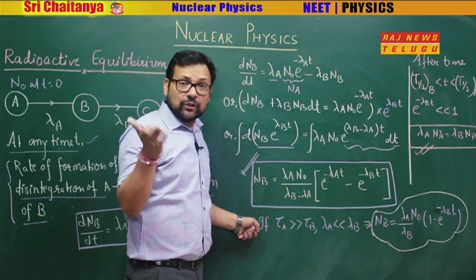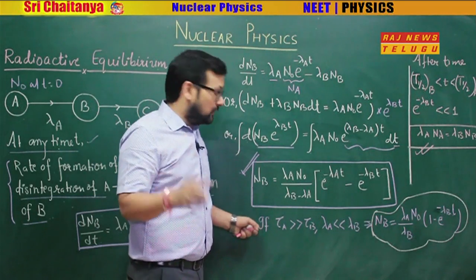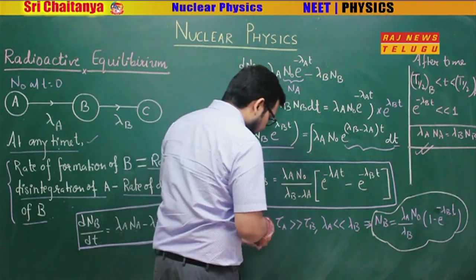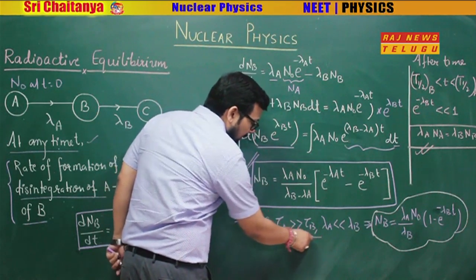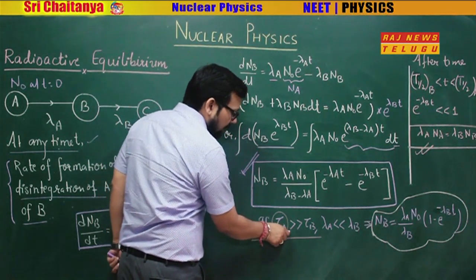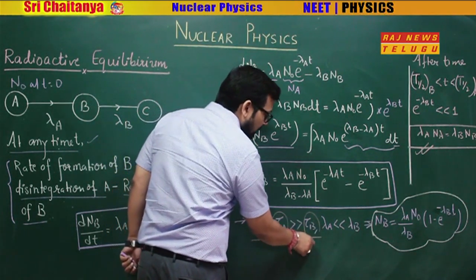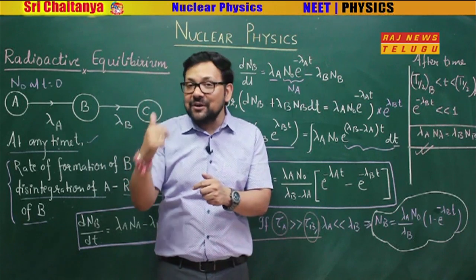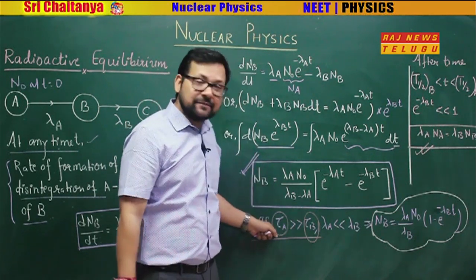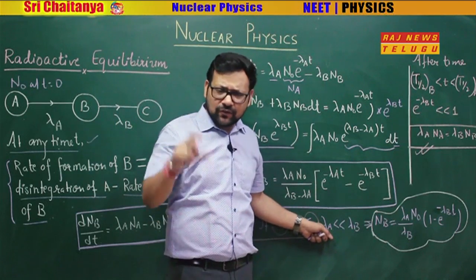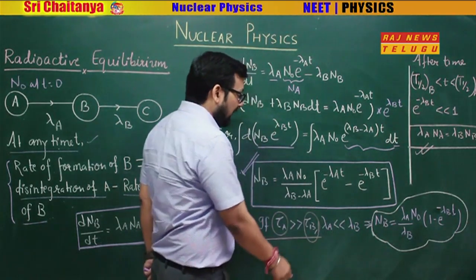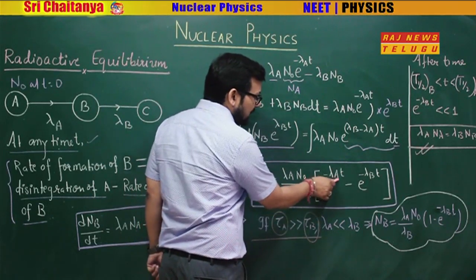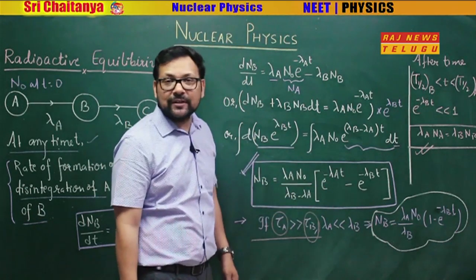Generally, questions will be asked on the basis of the special cases. First, we can see here, if the average lifetime of A, TA, is far greater than the average lifetime of B, TB, and if you remember that average life is 1 by the decay constant lambda, then TA far greater than TB means lambda A is far less than lambda B. Then we can just put lambda A as 0, and anything raised to power 0, students, is 1.